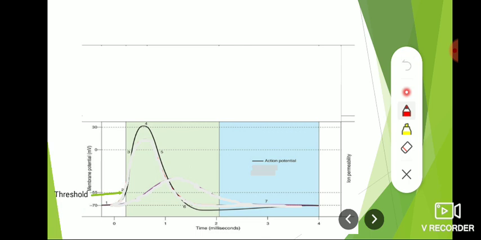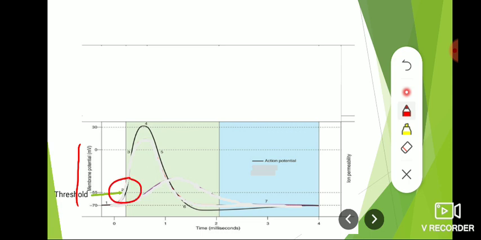You further increase the current, it comes up to minus 60. Still it will not lead to depolarization. Now when the potential reaches minus 50 millivolt, there is sudden opening of sodium channels and rapid influx of sodium inside. Since sodium is a positive ion, the potential will shoot rapidly from minus 55 to 0 and go ahead. This is called depolarization, but it starts only at a particular potential.